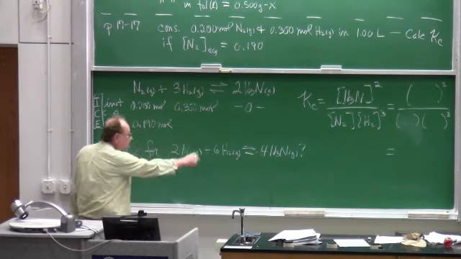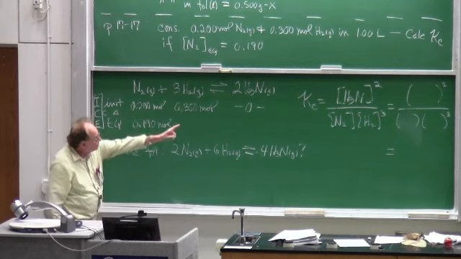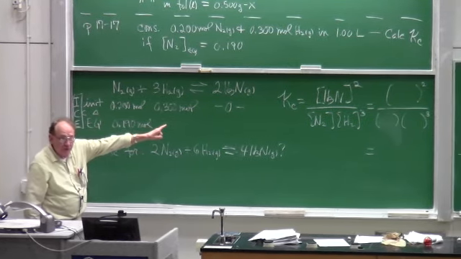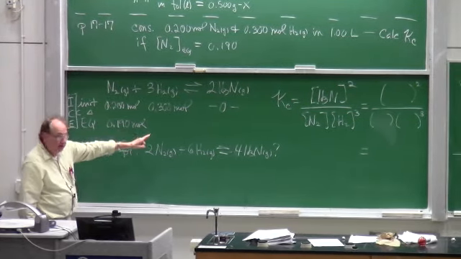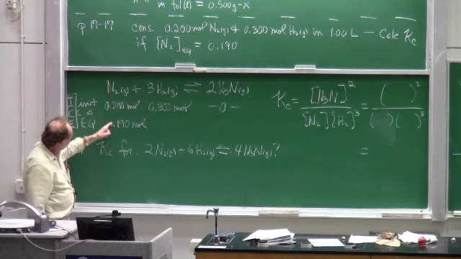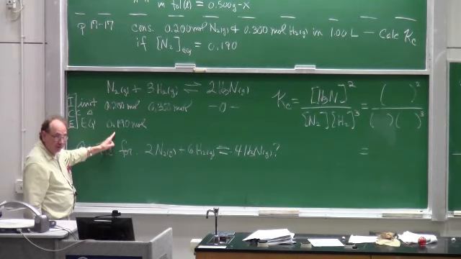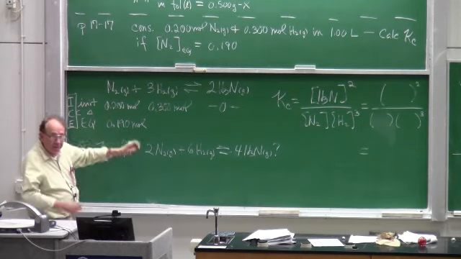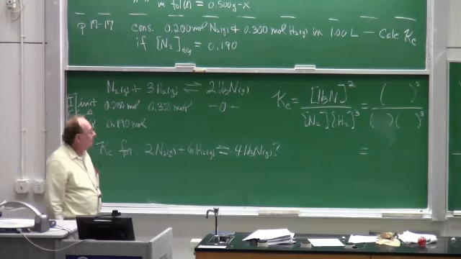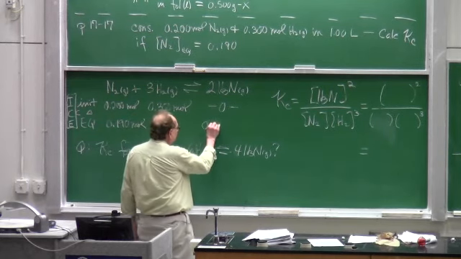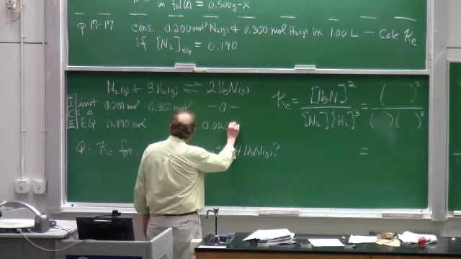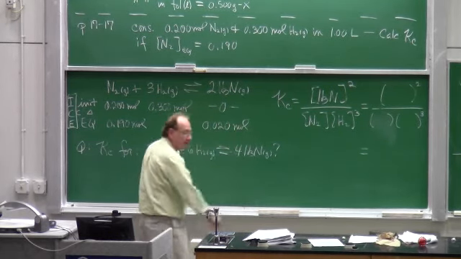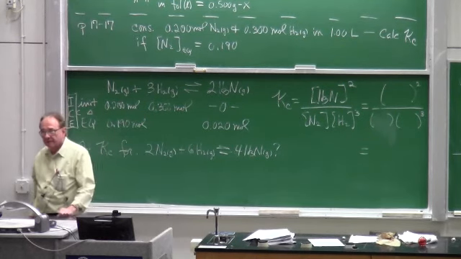So, back to this. How much ammonia have I produced by this reaction if this change occurred from 0.200 moles to 0.190 moles as equilibrium was established? Will you take that?